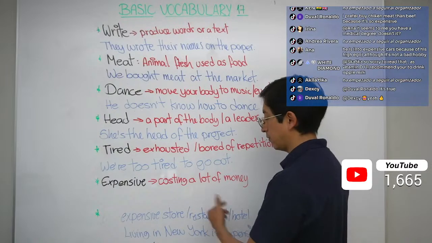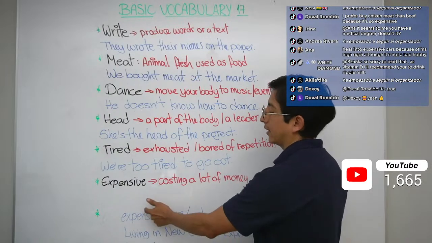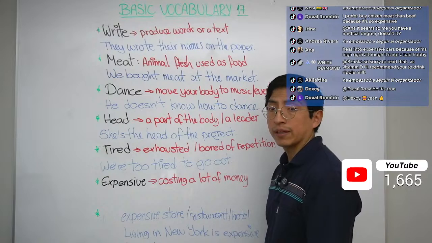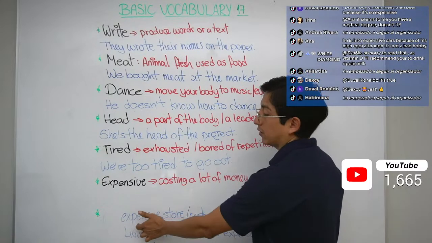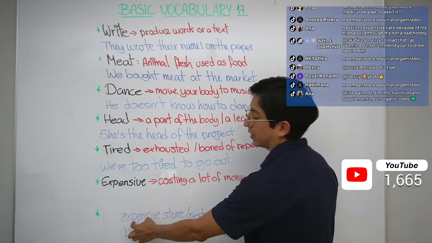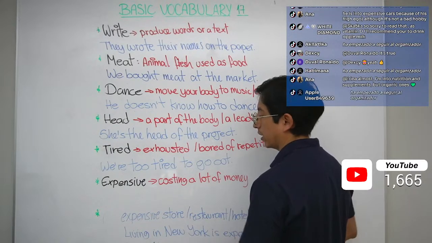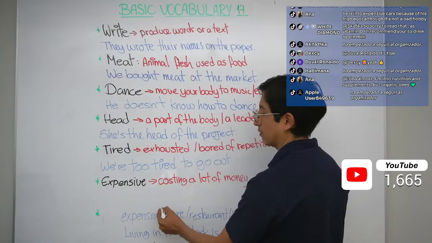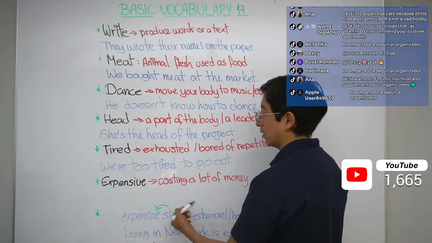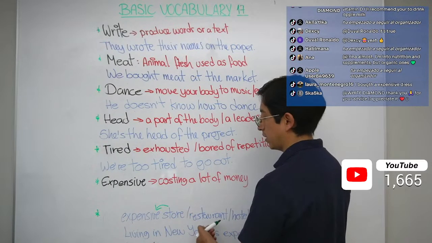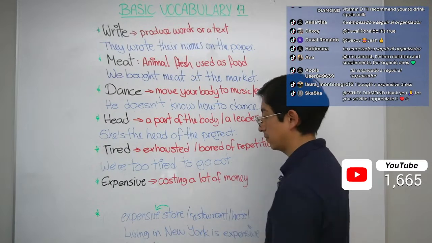Expensive hotel, un hotel en este caso caro también. Así que recuerda que expensive es un adjetivo. Los adjetivos siempre van antes del sustantivo, ¿ok? Yo no digo store expensive. Expensive store, expensive restaurant, expensive hotel.